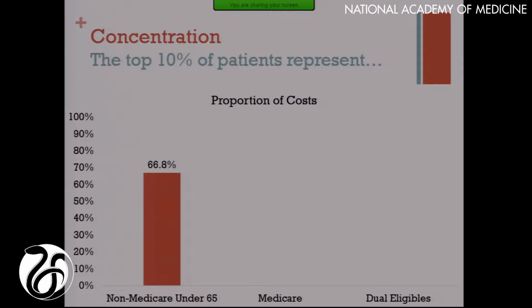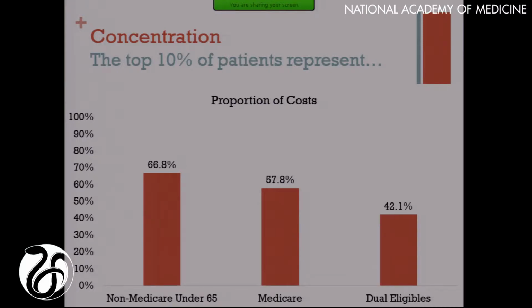What we know is that the top 10% of spenders in the non-Medicare population spend about two-thirds of all the dollars of the non-Medicare spending. That's how concentrated that group is. If you go to Medicare only, the concentration is a little bit less. The top 10% of the Medicare-only population represents about 58% of all the spending in that population. And for the duals, the top 10% represents about 42% of all the spending.